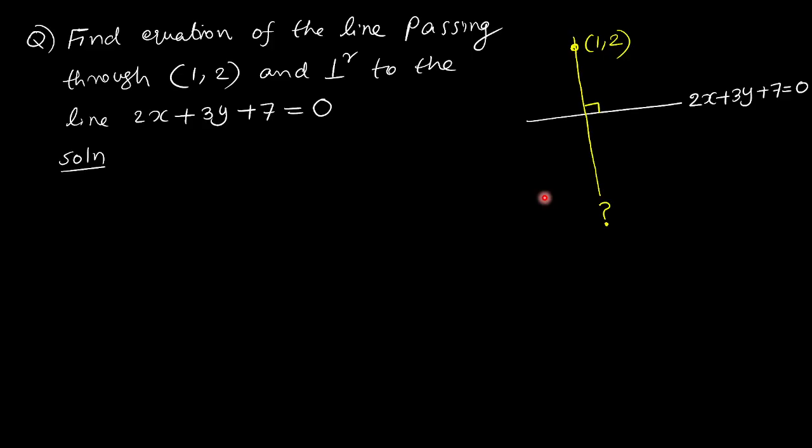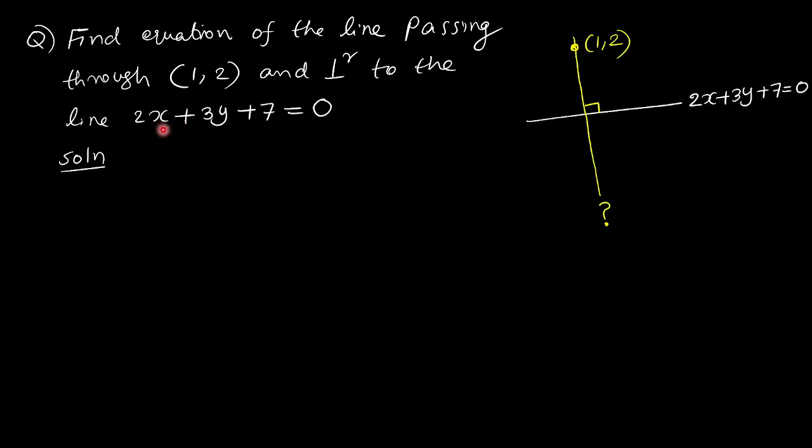I will tell you. So initially, I want to find the slope of the given line. Slope of the given line. To find the slope of the given line, the line has to be expressed in the form y equal to mx plus c. We studied yesterday.